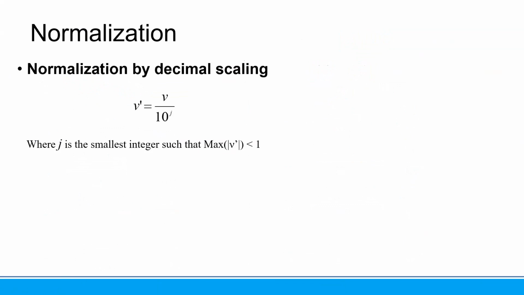Now we need to also understand the normalization by decimal scaling. In this formula, we have v divided by 10 to the power of j, where j is the smallest integer such that the maximum of the v prime is less than 1.